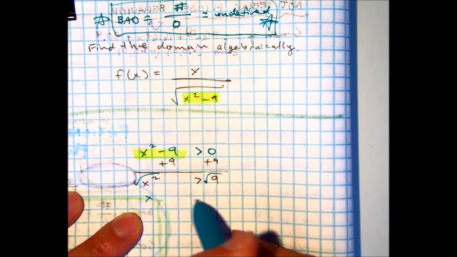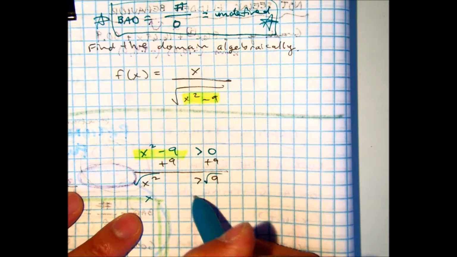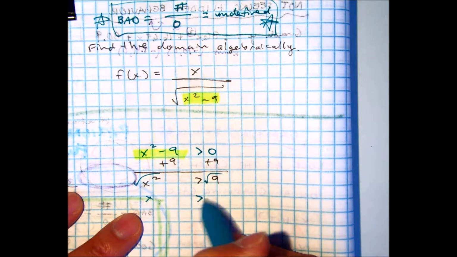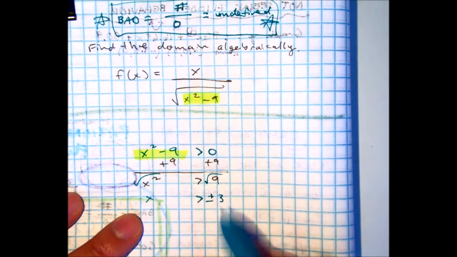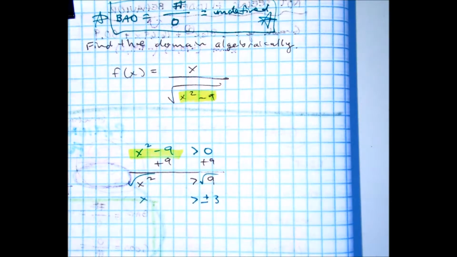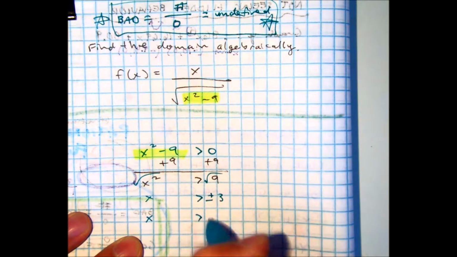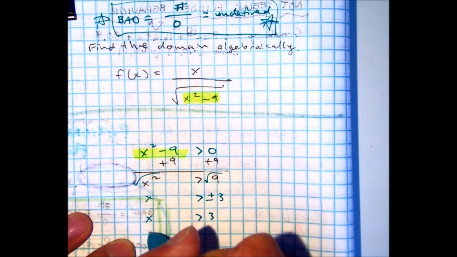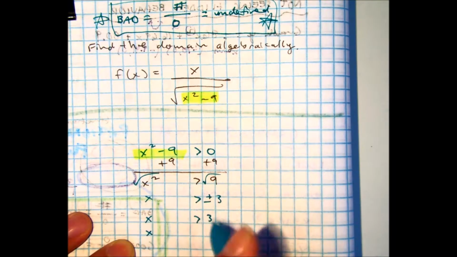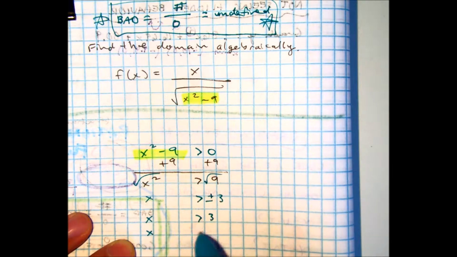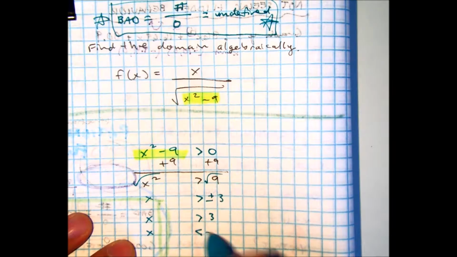You're going to have x is greater than plus or minus 3. Okay, what does this mean? x is greater than 3, and x is, in this case, you're actually dividing by a negative, so this would be less than negative 3.